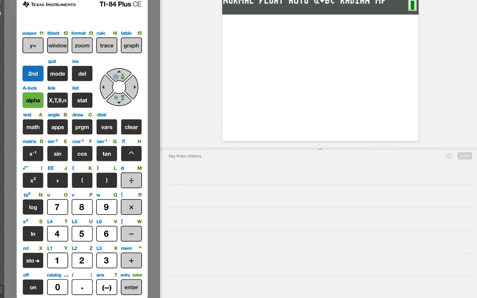First of all, we need to calculate 4i times the square root of 6. So 4, and then remember how to get to the i? Where's the i? Second decimal, square root of 6. And then I'm just going to hit the right arrow to get out from underneath that, and store that back in my variable x.